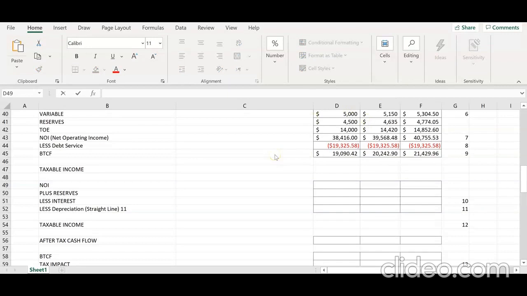For the net operating income, I used the previous column. Same for the second column, and the third column too.